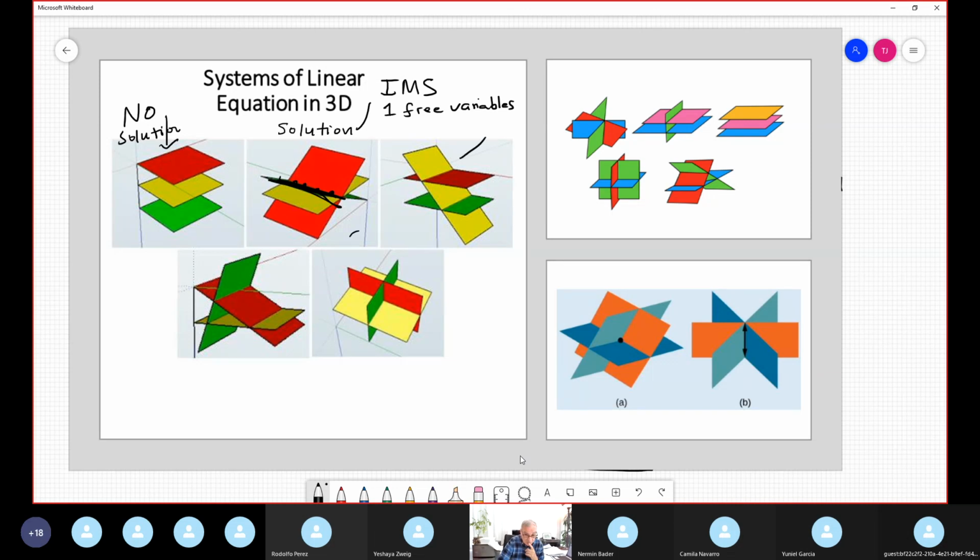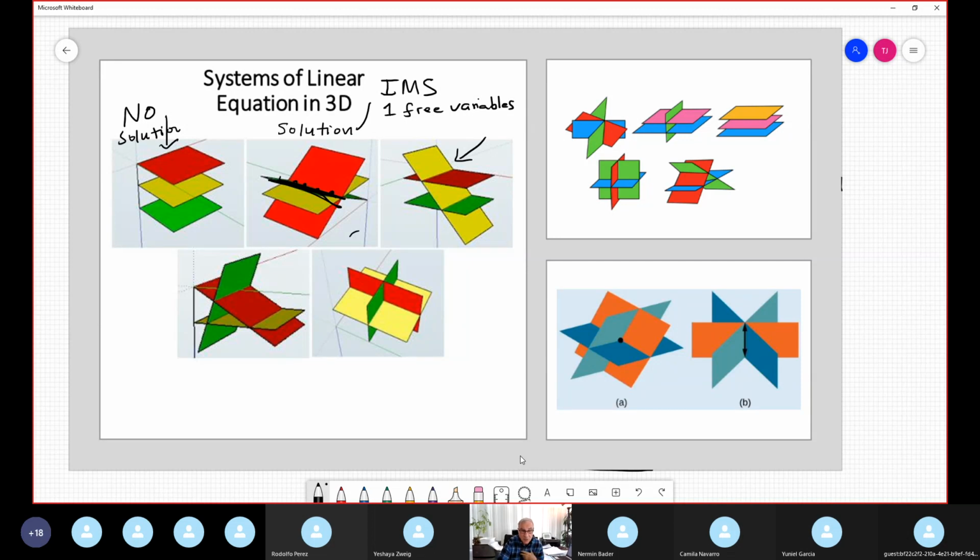What do you think about this guy? Solution or no solution? The third one. Solution. Does everyone agree with her? Yes. You are totally wrong. Because we need the common part in between the three equations.